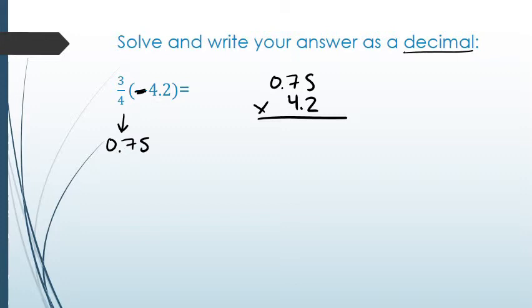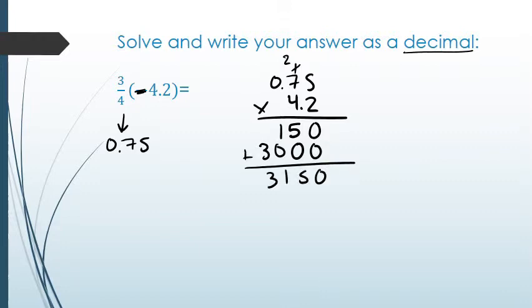So 2 times 5 gets us to 10. 2 times 7 gets us to 14 plus 1 is 15. 4 times 5 gets us to 20. 4 times 7, 28, plus 2, 30. Add these together, 0, 5, 1, 3.